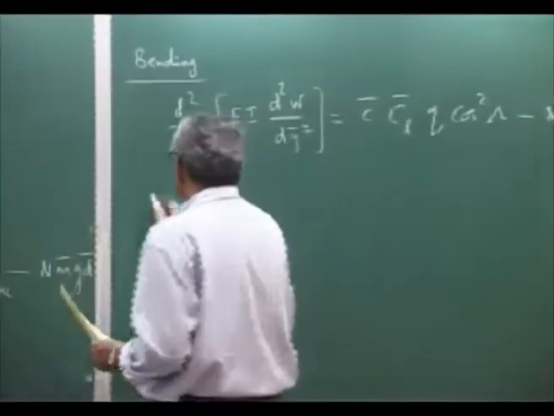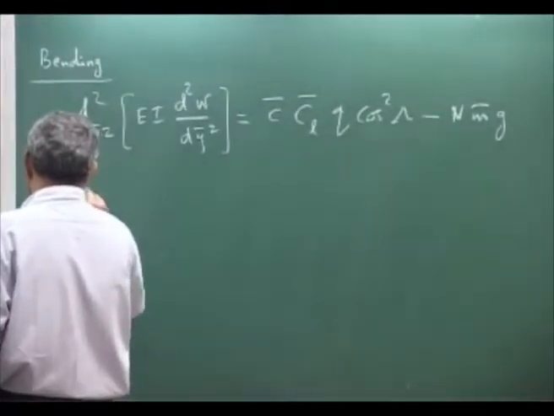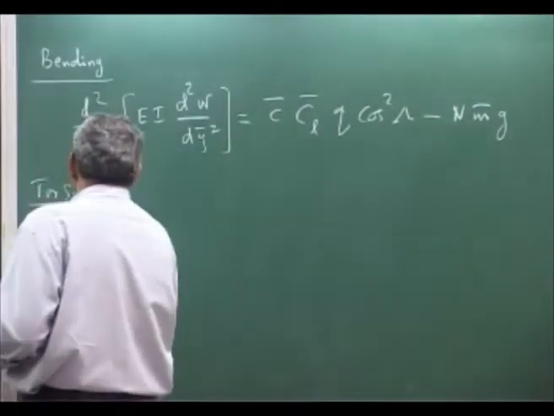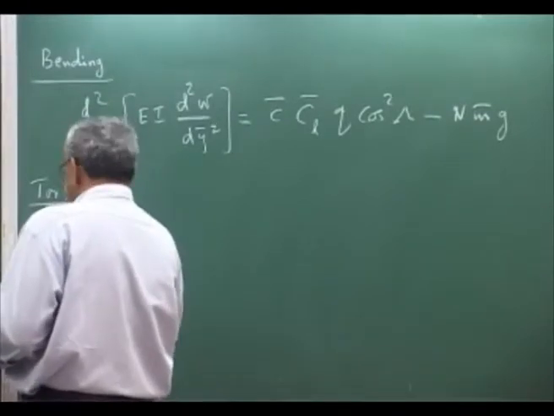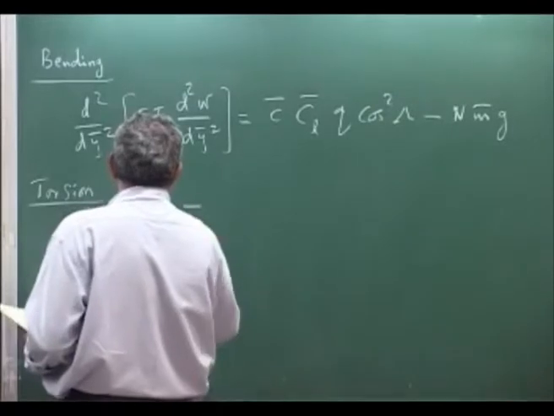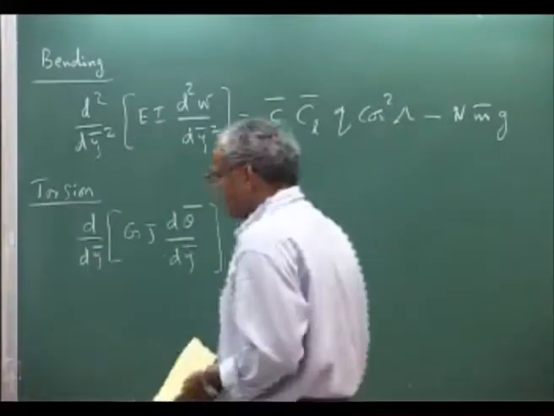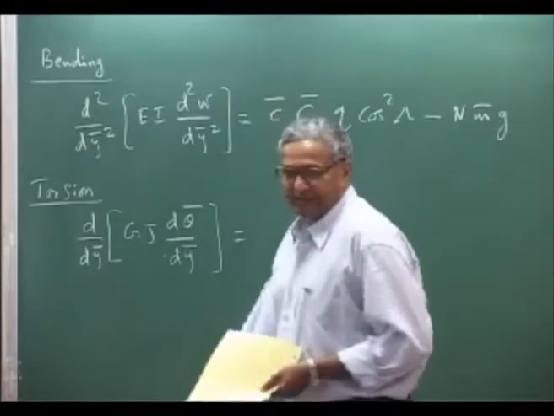And similarly your torsion equation becomes d by d y bar of GJ d theta bar by d y bar. This is equal to negative of the twisting moment.